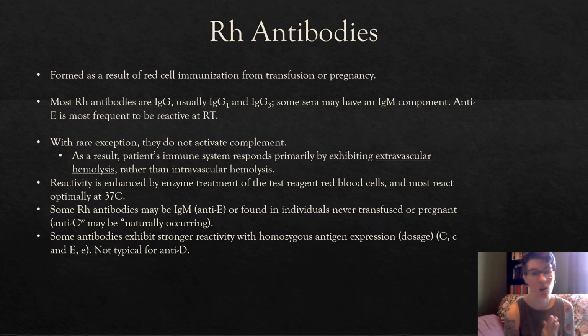Rh antibodies are not naturally occurring. They need a sensitizing event from either transfusion or pregnancy to stimulate production. Most antibodies are IgG. Some may have an IgM component, so they usually react at 37 degrees. They are increased by enzyme treatments, and they often activate complement.